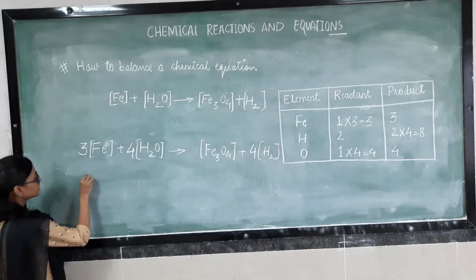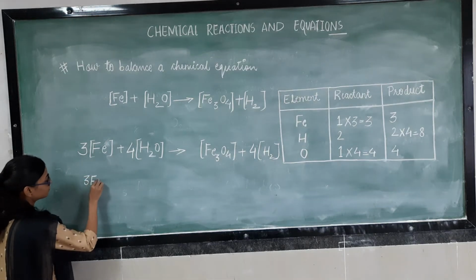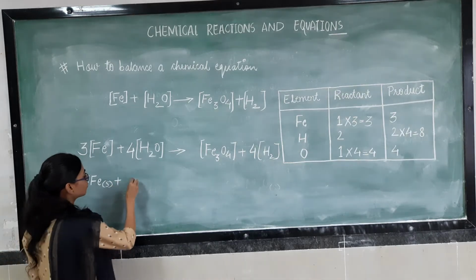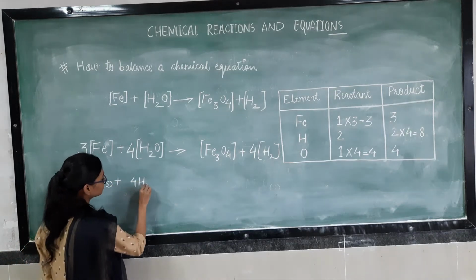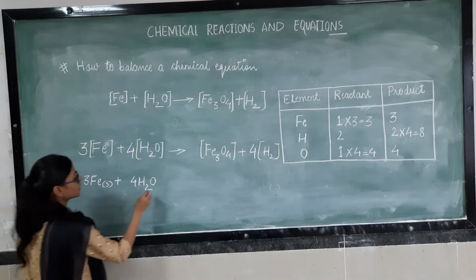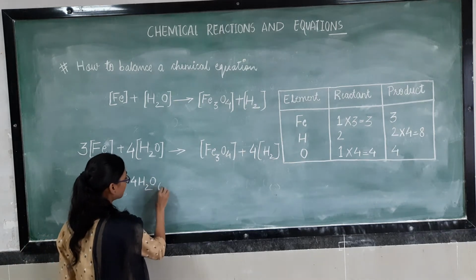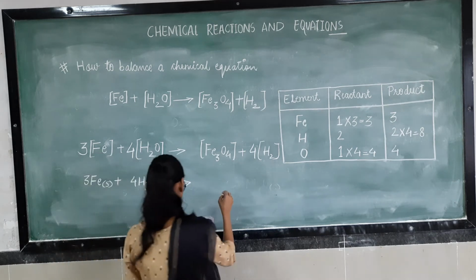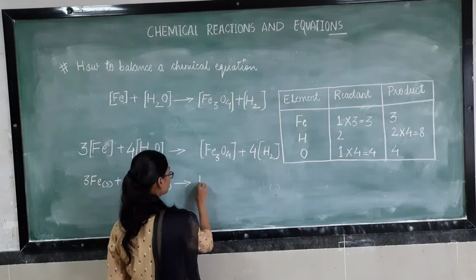So how will we write this? 3 Fe plus 4 H2O. The Fe is solid, so that's why we have written S. H2O is liquid. Fe3O4, that is solid again.